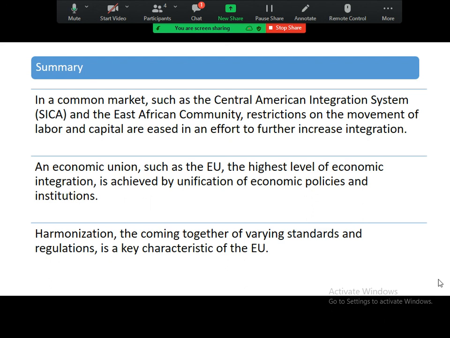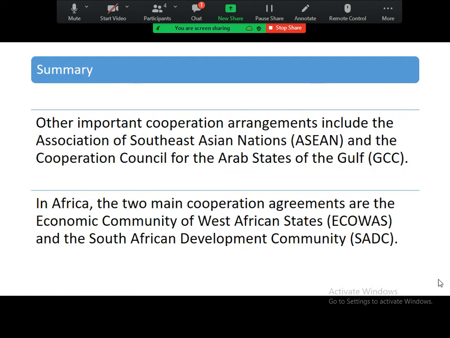And economic union, such as the European Union, is the highest level of economic integration, achieved by unification of economic policies and institutions. Harmonization, the coming together of varying standards and regulations, is the key characteristic of the European Union.